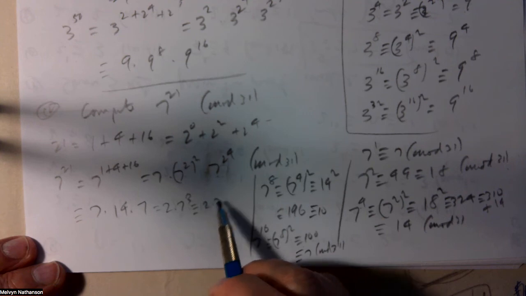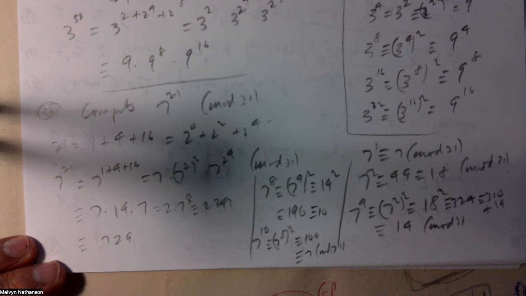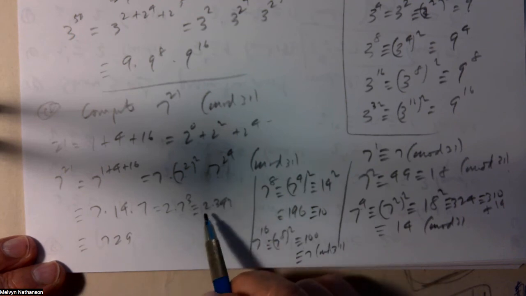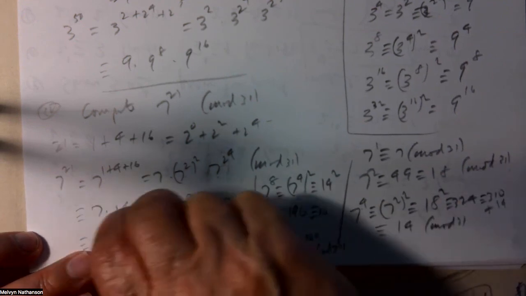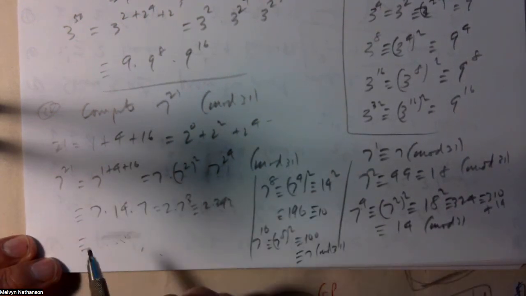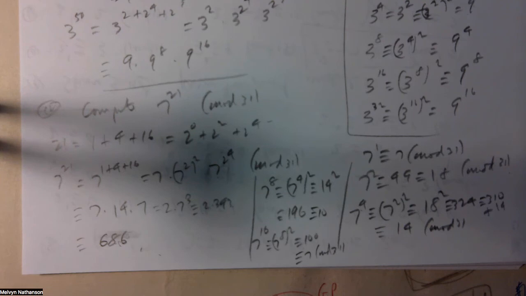which is 2 times 343, which is 927. Is that right? That's not right. 2 times 343 is 686. And if you take 686 and divide it by 31, what do you get?